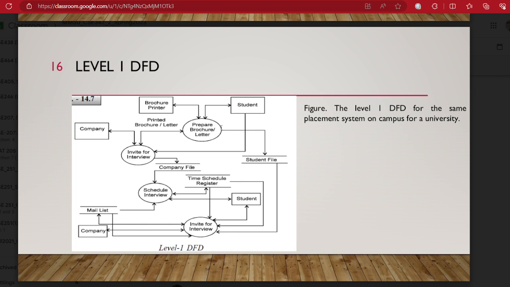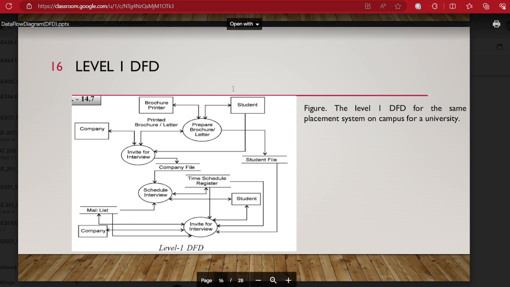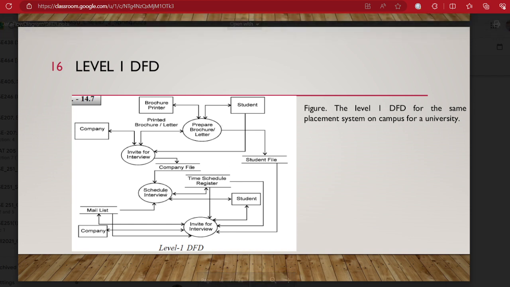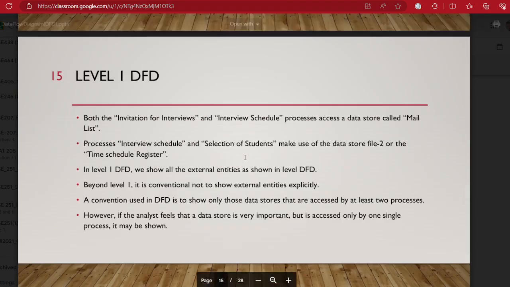Okay, so basically you will define more entities, and there is one important point to remember: you will also introduce your database stores or data stores in your level 1 DFD, not in your level 0 DFD.